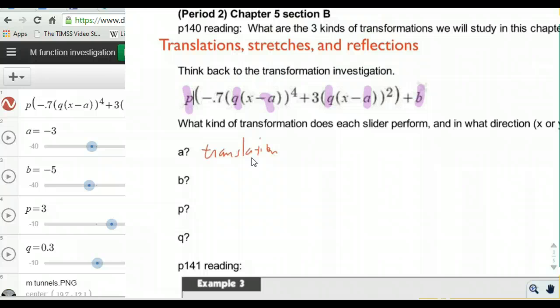So it's a translation in the X direction. And then the B slider also is a translation. It goes in the Y direction.